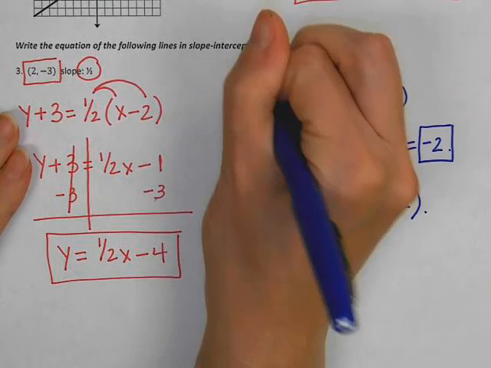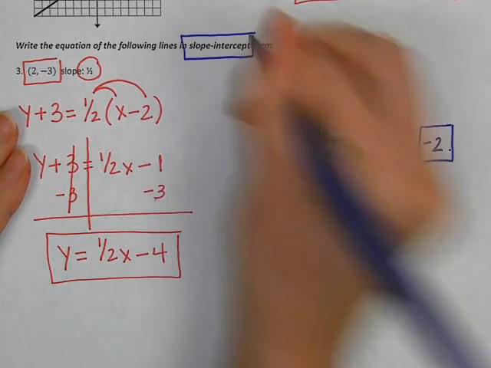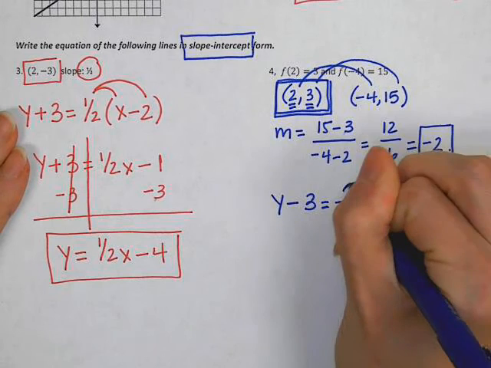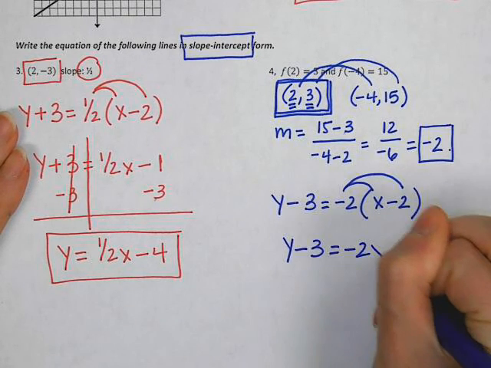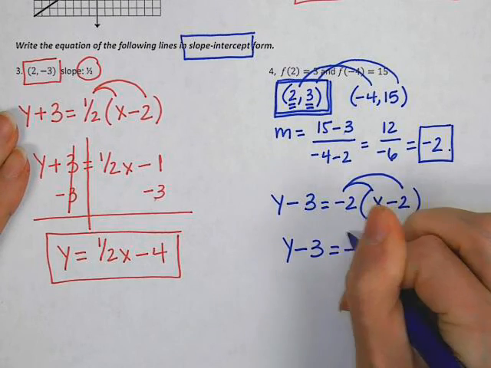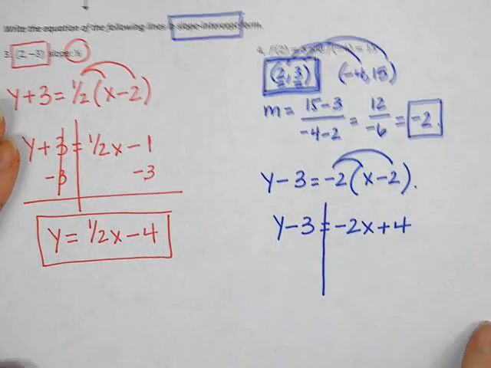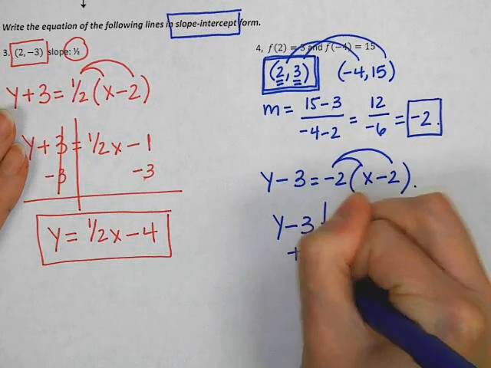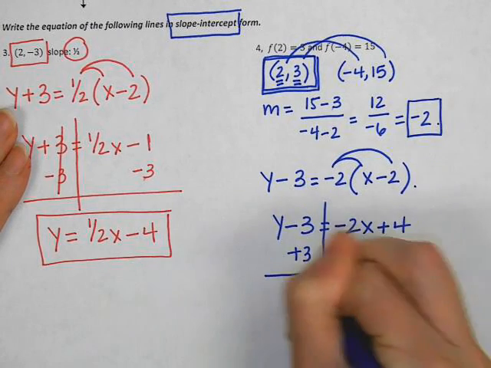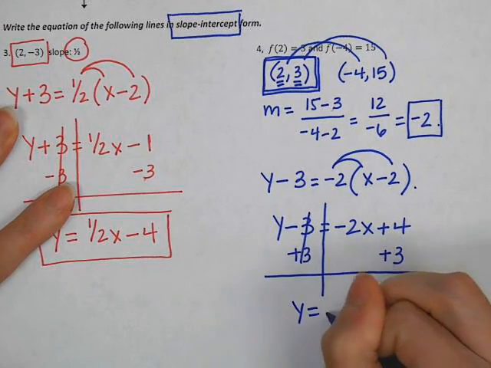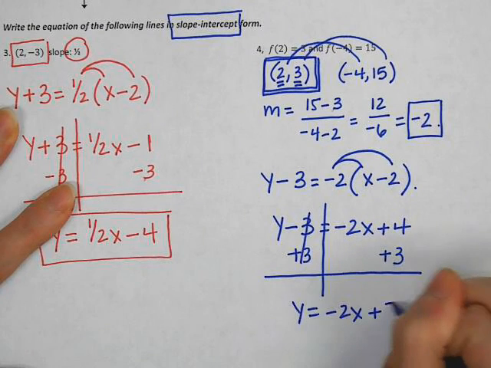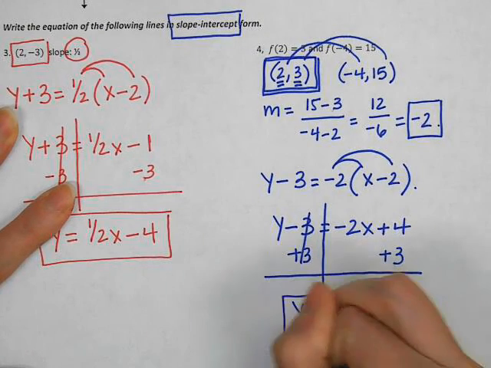But the directions say write it in slope-intercept form, so we need to distribute, and we get y minus 3 equals negative 2x plus 4, and then to officially get y alone, we're going to have to add 3, add 3. And if you do that, you get y equals negative 2x plus 7. That is in slope-intercept form.